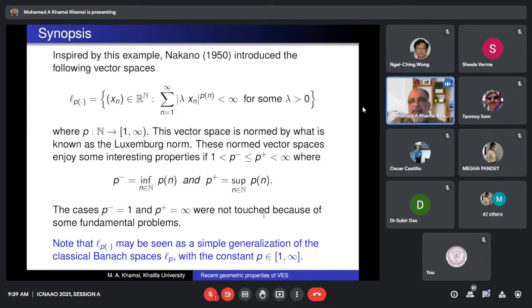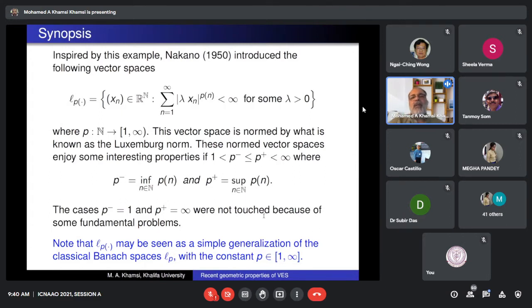Look at this example, and in a very simple way we will see that, in fact, according to what I was just telling you, it is a simple generalization of the classical l^p spaces.